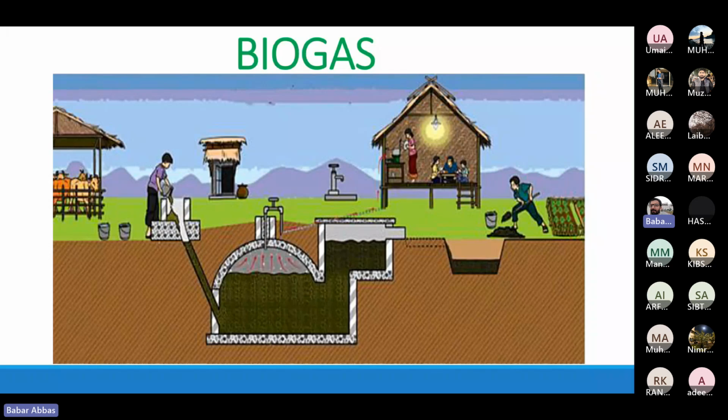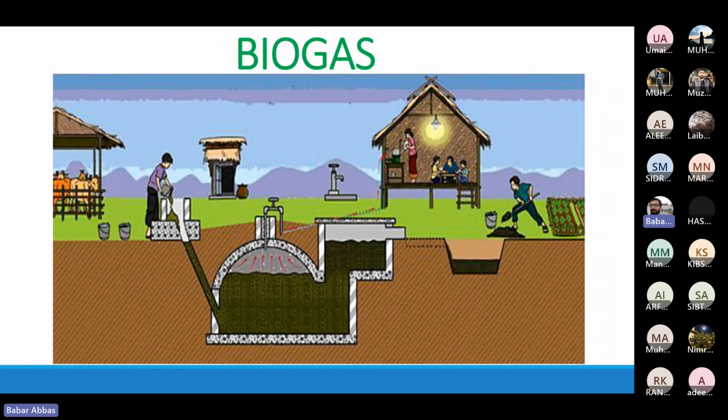And the stabilized material is left over, and that stabilized material can be utilized as manure, as we can see at the right side of the picture, that a person is using this slurry, or maybe this biofertilizer, for the horticultural activities. So from left, the cow dung is being generated by the livestock, and then it is being utilized by the person who is putting the feed into the biogas generation unit.